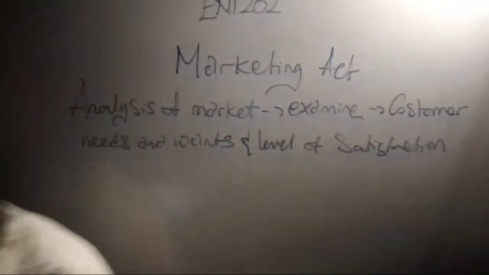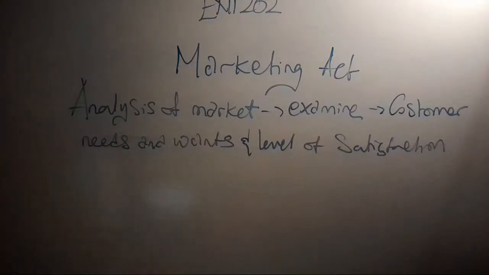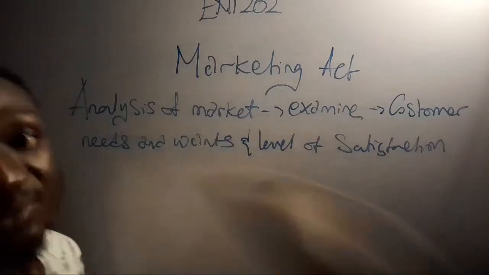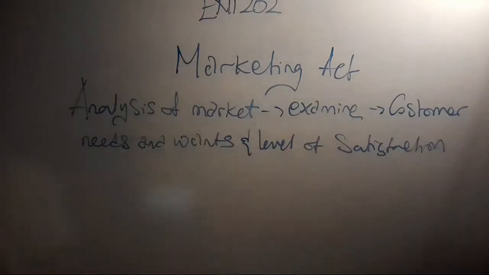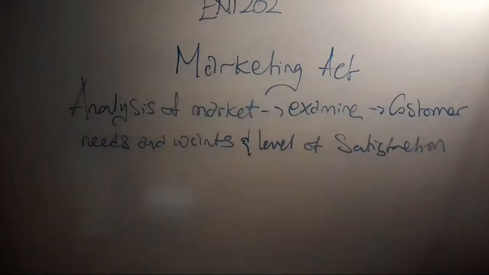Also, we have something called market segmentation. Here, the needs and wants of the customers in the market differ. Segmentation means separating things, understanding that there are certain things that differ, just like we're being told that the needs and wants of customers differ.